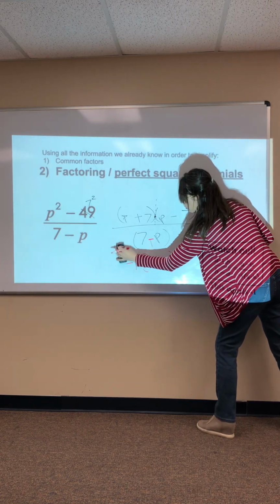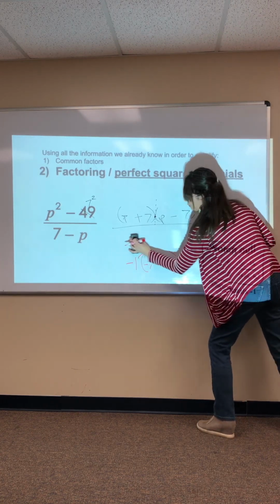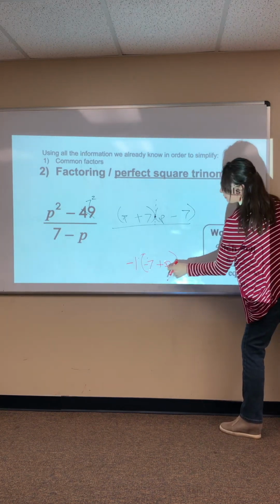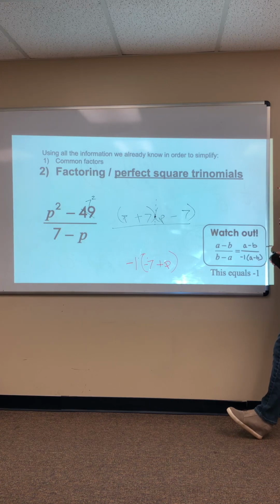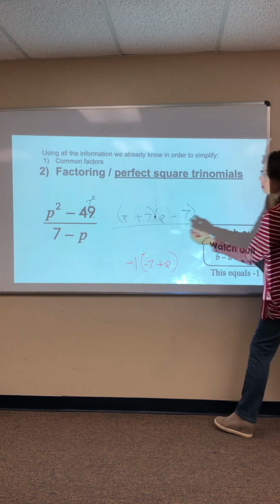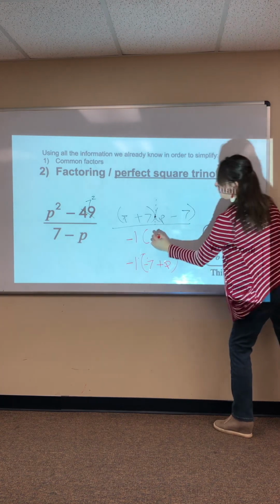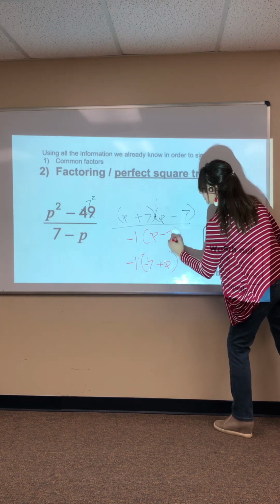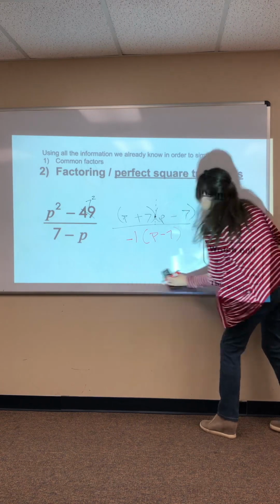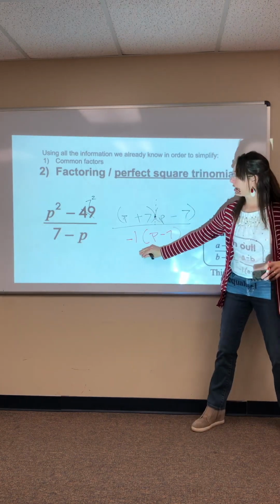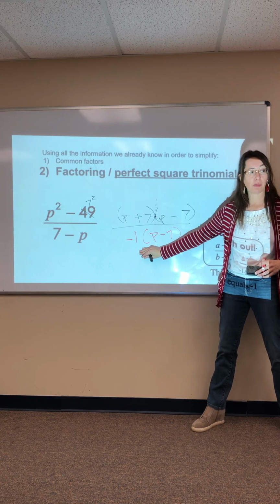Now, instead of 7 minus p, we have negative 1 times negative 7 plus p. Do we like it in that order? No. Let's change it around: negative 1 times p minus 7. So 7 minus p is the same as negative 1 times p minus 7.